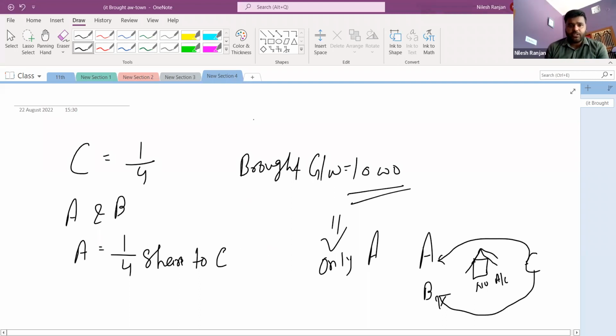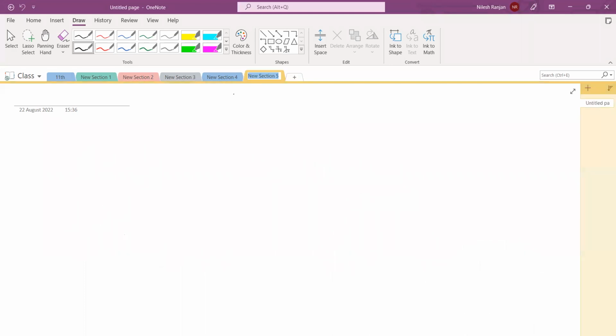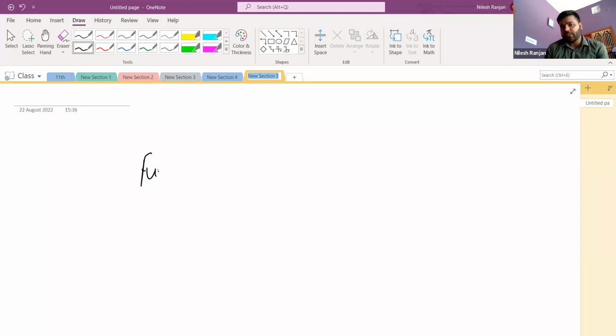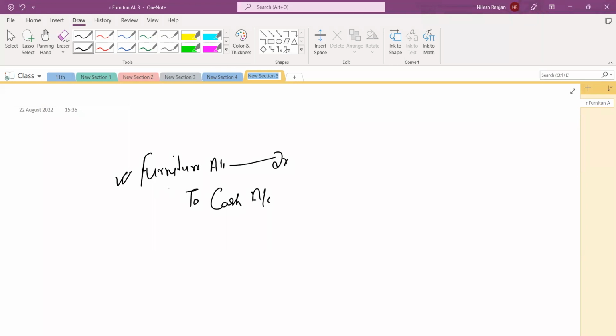If we purchase something, then we have to write: furniture account debit to cash account. You cannot say only one part. It will be incorrect. You have to say both parts, debit and credit. Furniture account debit to cash account.